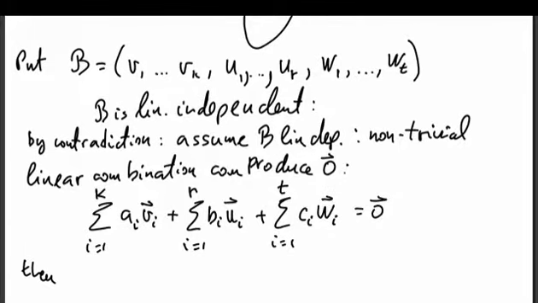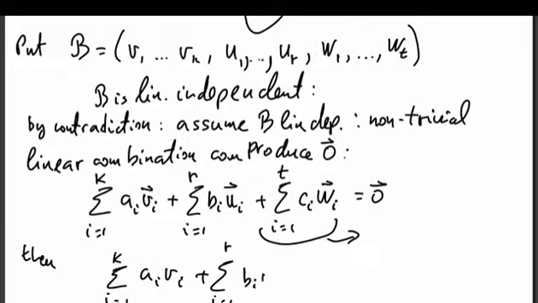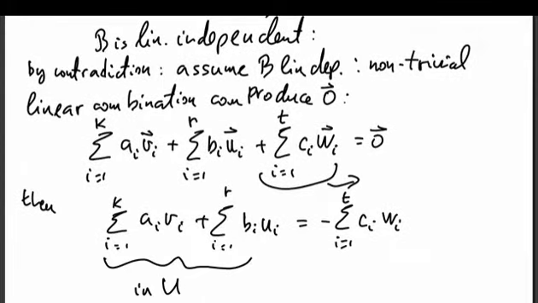If we rearrange this, let's take this to the other side, we get the sum of ai vi, i going from 1 to k, plus the sum of i going from 1 to r, bi ui, equals minus the sum of ci wi, i going from 1 to t. These were in the U subspace.